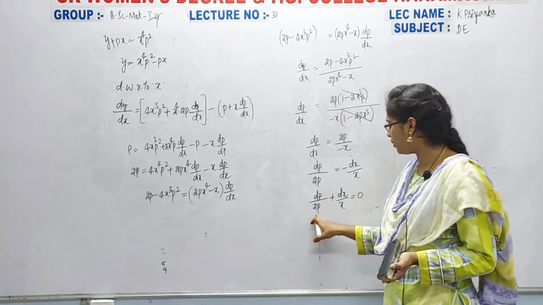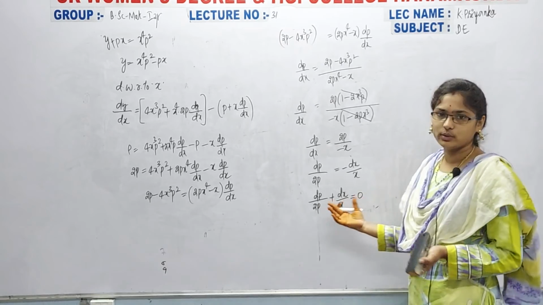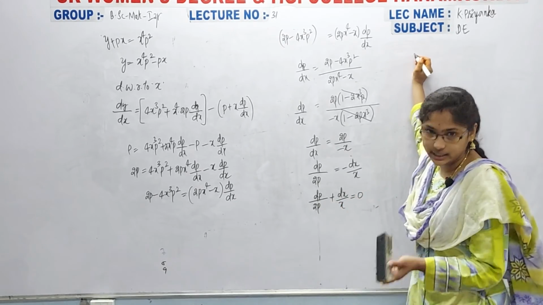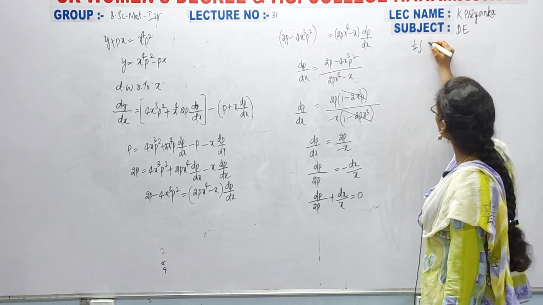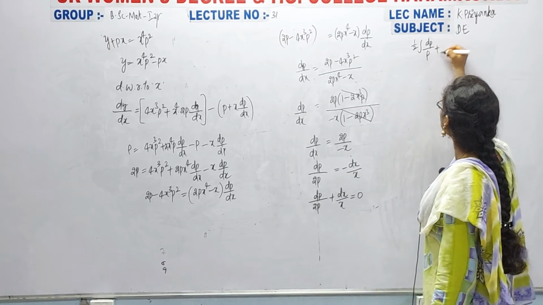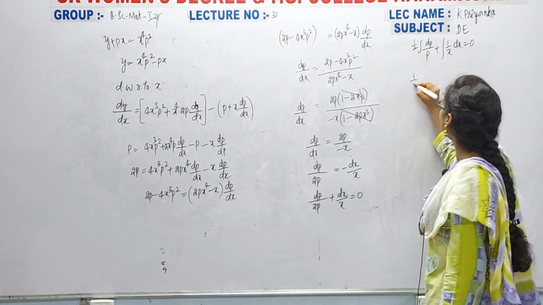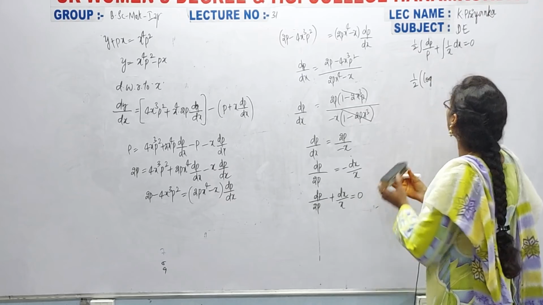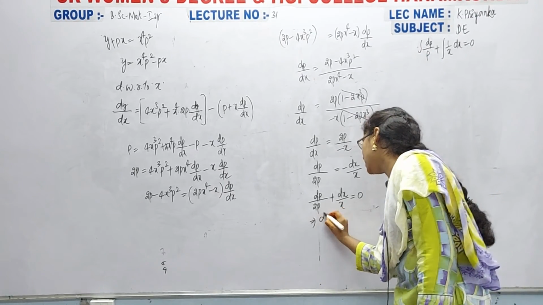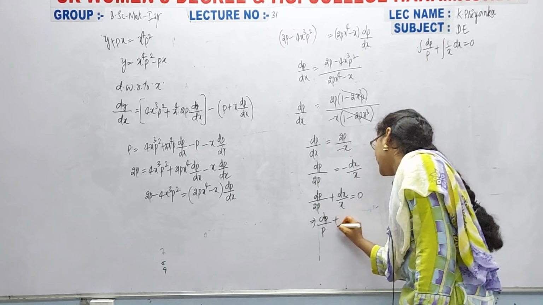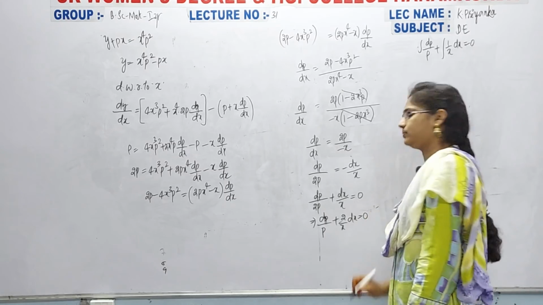If you want, you can keep the 1 by 2 like this, otherwise you can take 1 by 2 common. Now we have to take the integration. So 1 by 2 integration of dp by p plus integration of 1 by x dx equal to 0. First of all, I am writing dp by p plus 2 by x dx equal to 0.